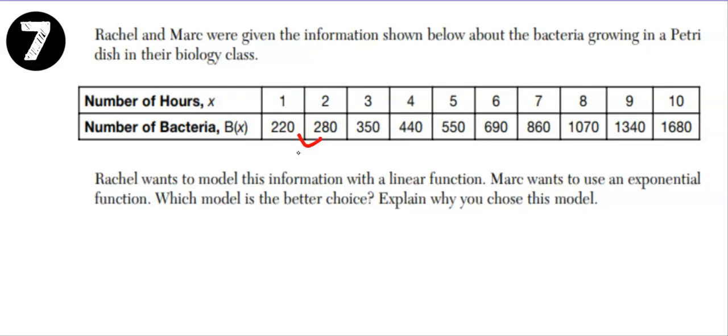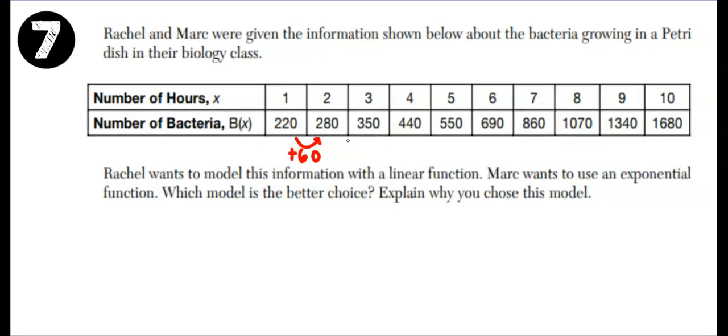And it looks like this Y value, or the number of bacteria, increases about 60, then by about 70, and 90, 110, 140, and so on. You can see that it does not have a constant rate of change, right? This pattern is increasing a little bit more each time. So therefore, this would be an exponential model.